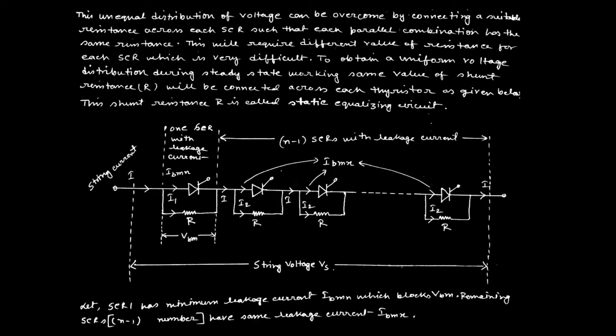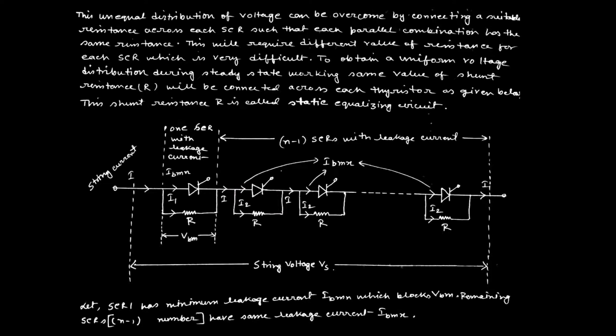Anyways, if we consider the string current is I, that means I1 starts flowing across R and the IBMN, the leakage current, is flowing across the first SCR. If this leakage current is permitted by the first SCR, that should be permitted for the second one. That is why the same amount of leakage current, that means the string current I, is flowing across the second, next and onward.